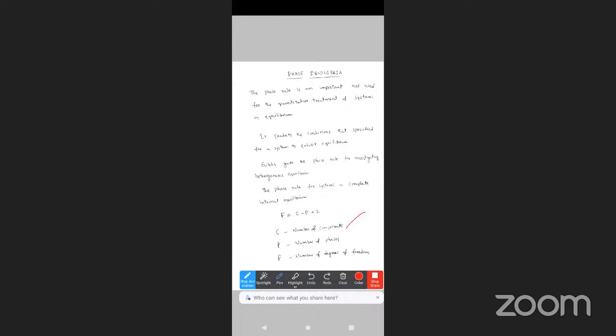C is the number of components and P is the number of phases. And F is the number of degrees of freedom. Simple equation, which is Gibbs phase rule equation, which is applicable for equilibrium reactions or the phase equilibrium systems. So F equal to C minus P plus 2.